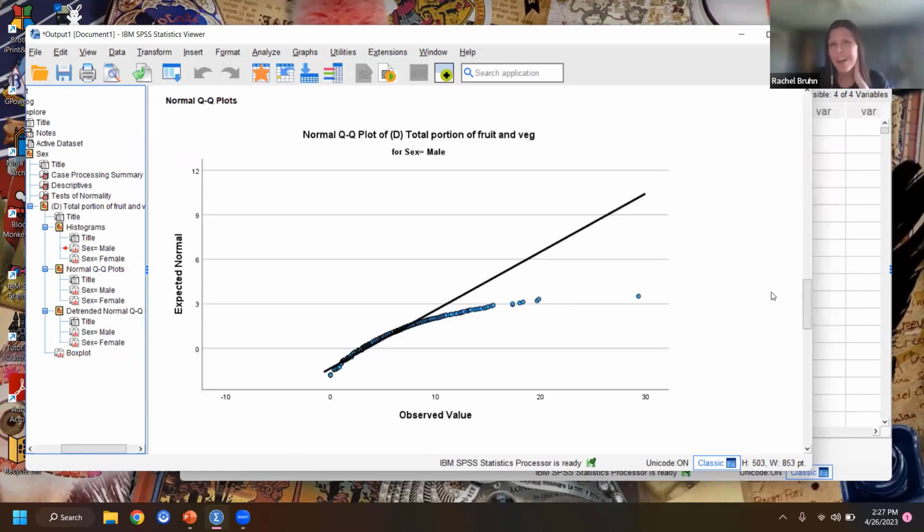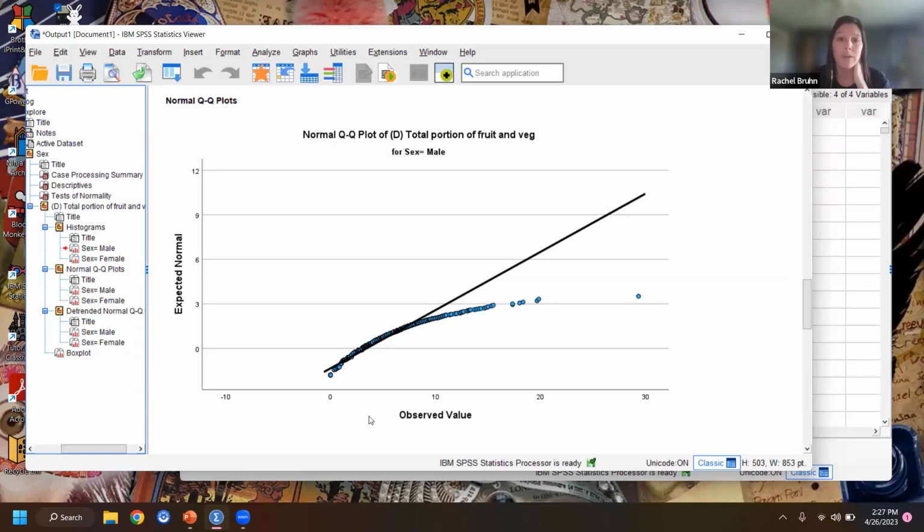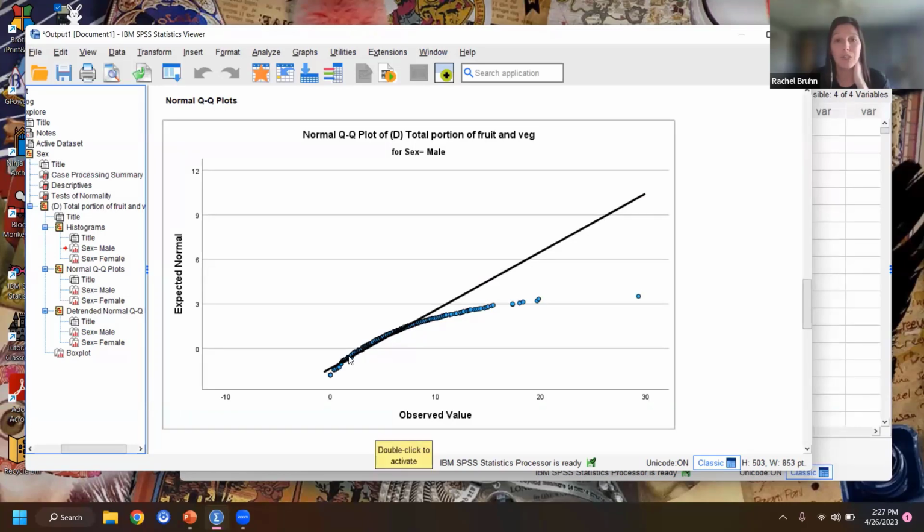These are QQ plots. This is, I would argue, more commonly used than a histogram for showing the normality. And the way that we read this, the solid line represents a normal distribution. When our dots fall on or close to this line, as they do right here, that shows us that it is approximately normal in that case, right?